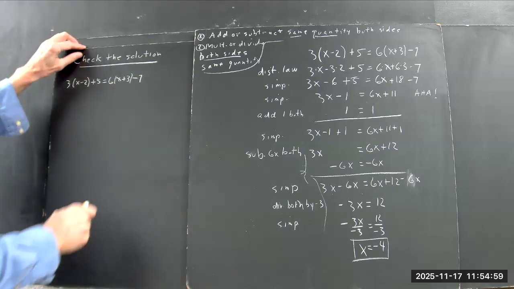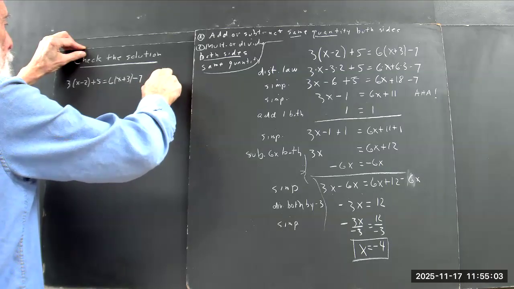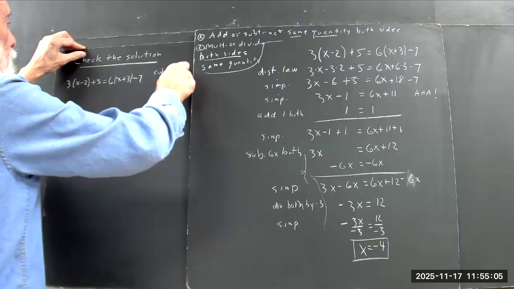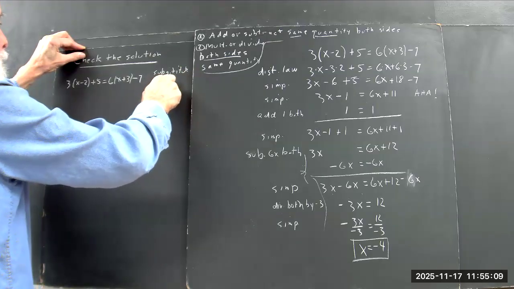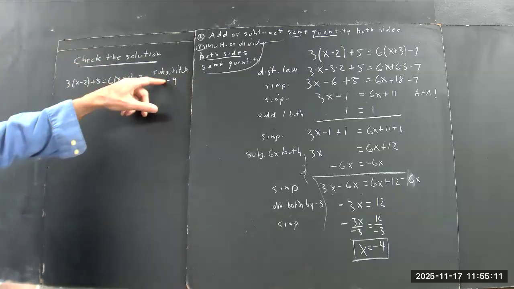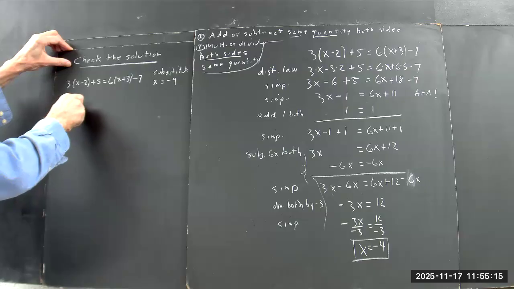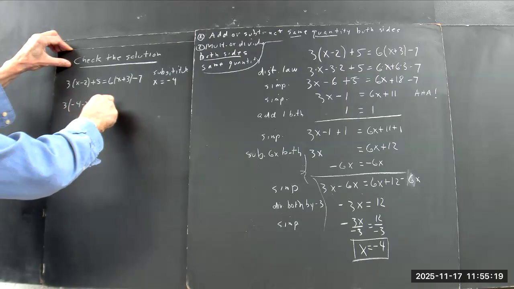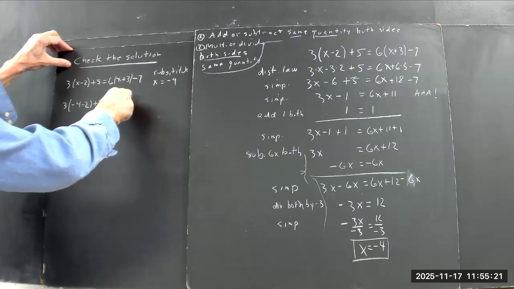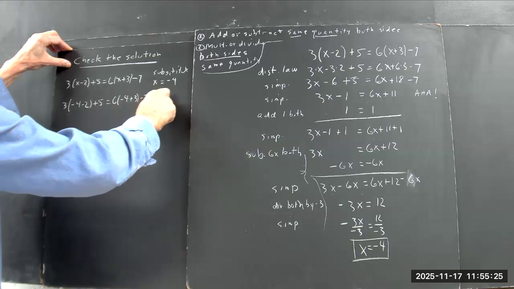Here you've got this, and we substitute x equals negative 4. We get 3 times negative 4 minus 2 plus 5 equals 6 times negative 4 plus 3 minus 7.